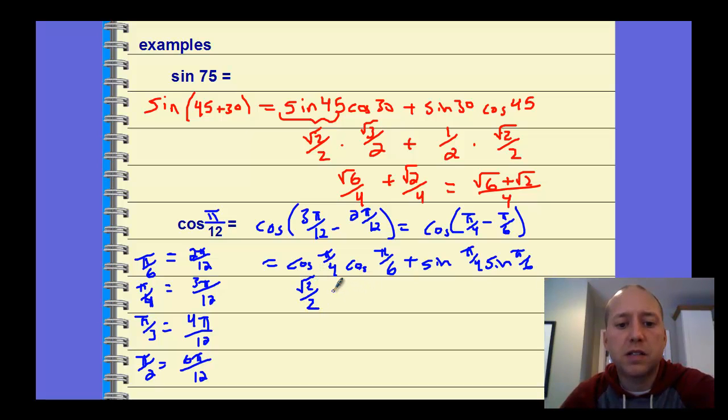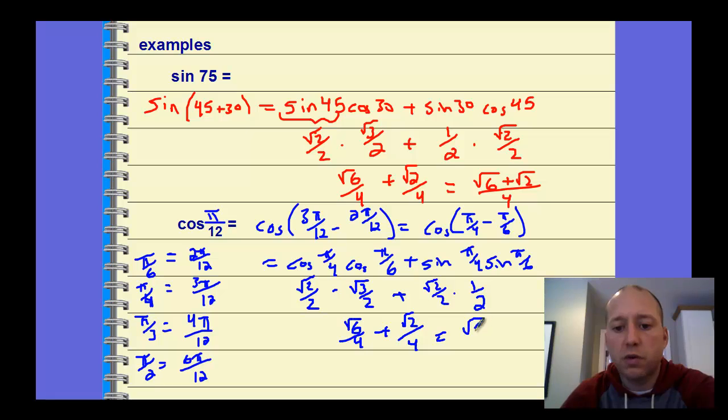Cosine pi 6 is root 3 over 2. Plus sine pi fourths is root 2 over 2. And sine pi 6 is 1/2. So if I multiply, I get square root of 6 over 4 plus square root of 2 over 4, which gets the square root of 6 plus the square root of 2 over 4.